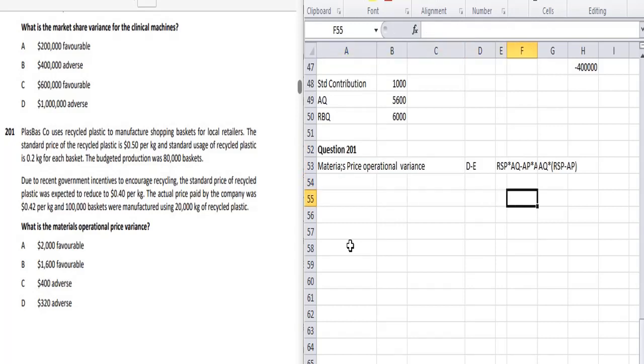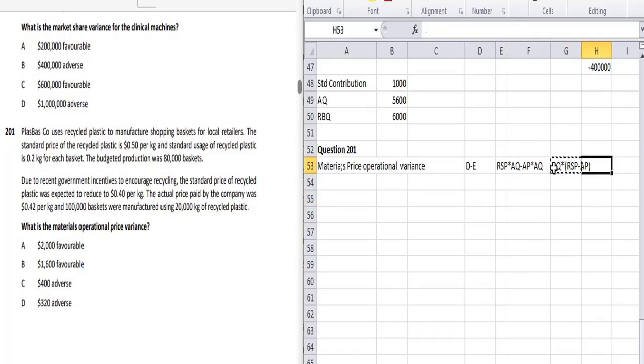Okay, so taking out the common between these two, I have already taken it out. Okay, so what we need is AQ, RSP, then AP.